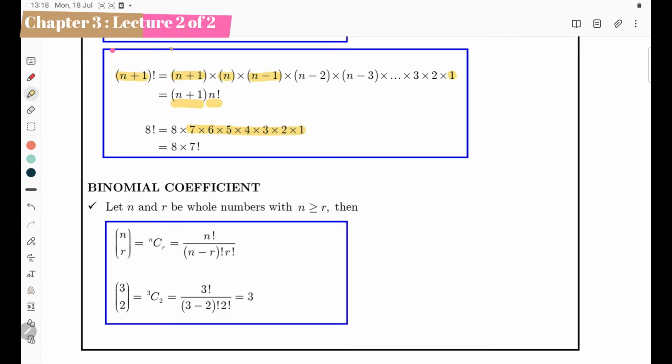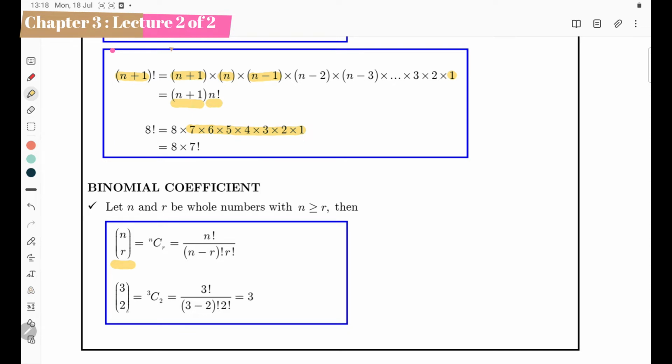Next is the binomial coefficient. We can write it in this form, which also means nCr, and the formula is equal to n factorial divided by (n minus r) factorial times r factorial.